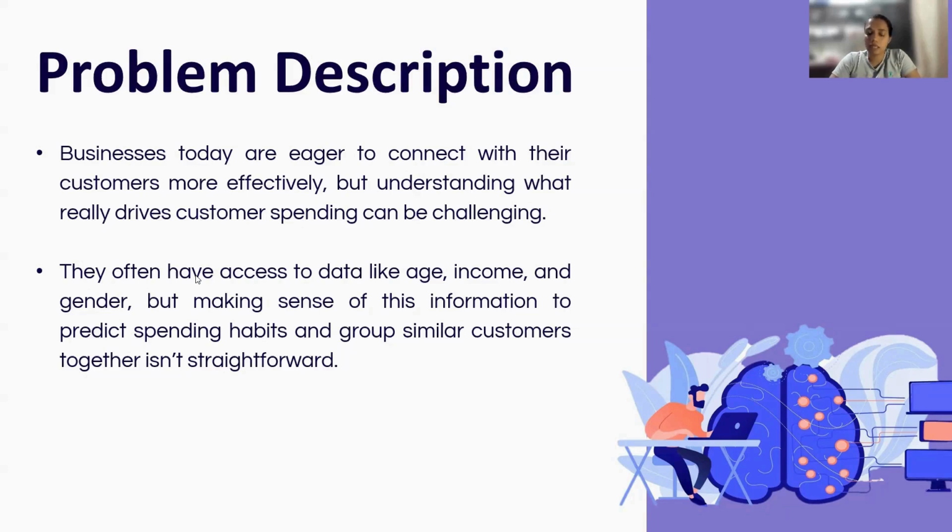With this problem, we seek to bridge that gap by using machine learning algorithms to help businesses gain valuable insight into their customers and what motivates their purchases. By predicting spending score and identifying customer segments, businesses can make smarter, data-driven decisions to personalize marketing and improve their outreach strategies.